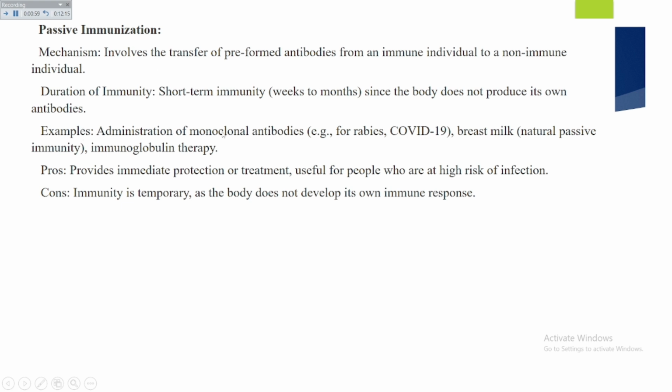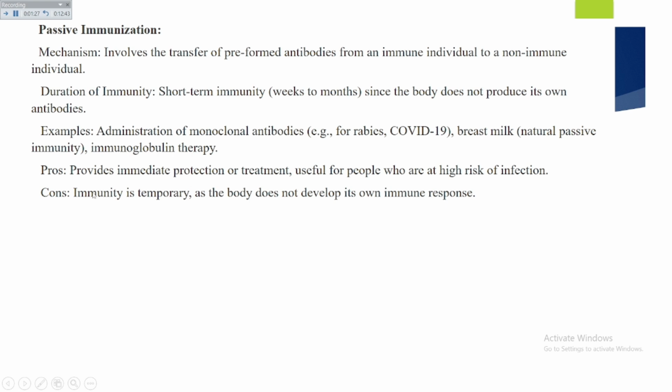Example: administration of monoclonal antibodies, for example for rabies or COVID-19. Breast milk is also natural passive immunity. This does not last a long time. Immunoglobulin therapy provides immediate protection or treatment, useful for people who are at high risk of infection.